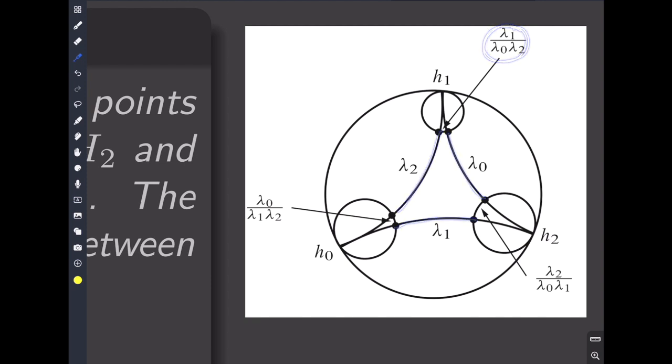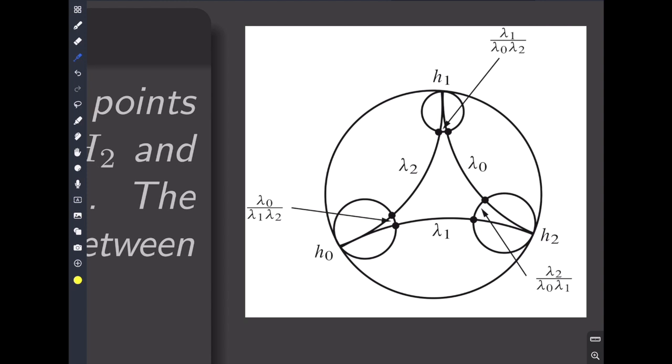This is the hyperbolic length, so that is correct. Here one doesn't take hyperbolic length, but here one does. Similarly, the hyperbolic length of this horocyclic segment is this number divided by the 2 adjacent, which is here, and similarly here for the third one. This is always so, even if the horocycles cross each other.